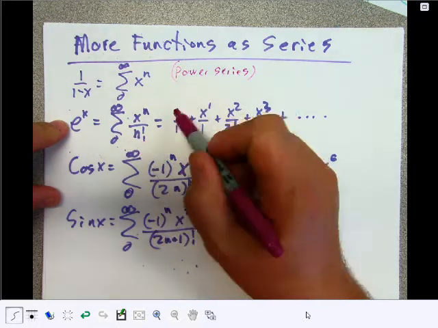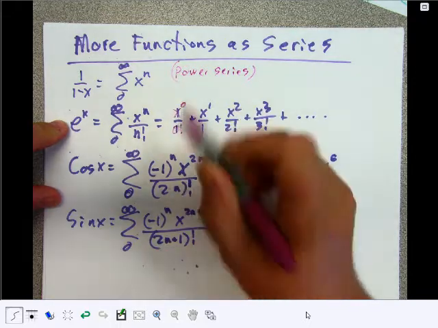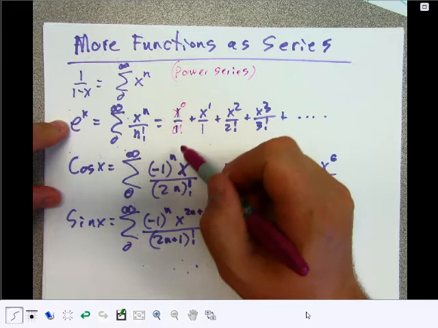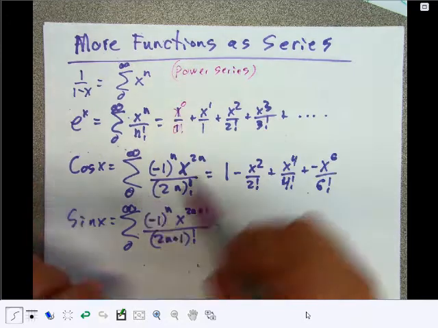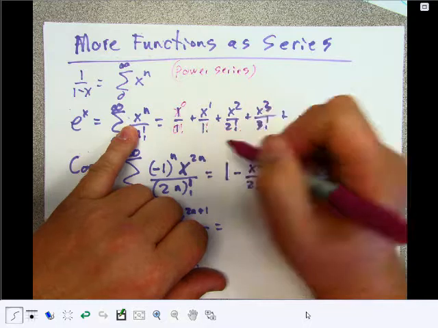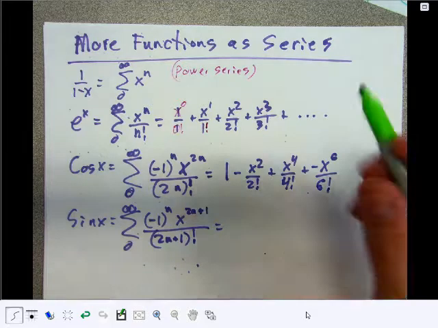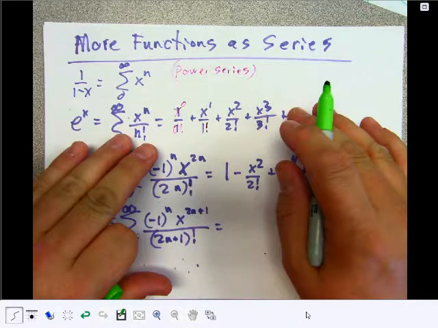So x to the 0 over 0 factorial: x to the 0 is 1, and 0 factorial is also 1. Now I have x to the first over 1 factorial, but 1 factorial is just plain old 1. X squared over 2 factorial, plus x cubed over 3 factorial, so on and so forth. So this isn't so bad.